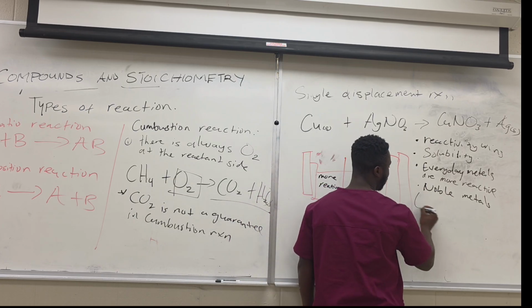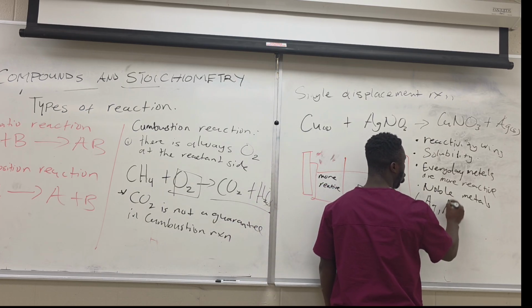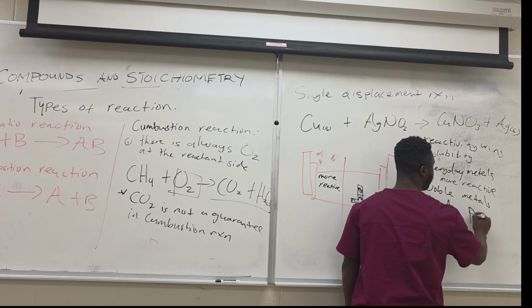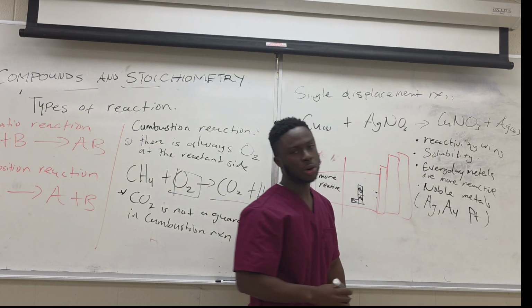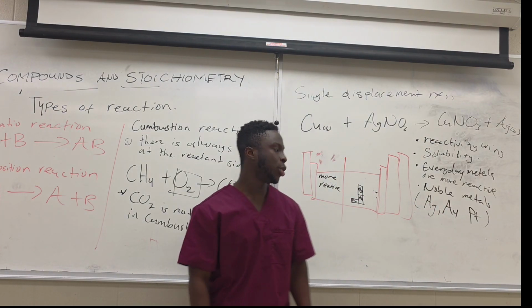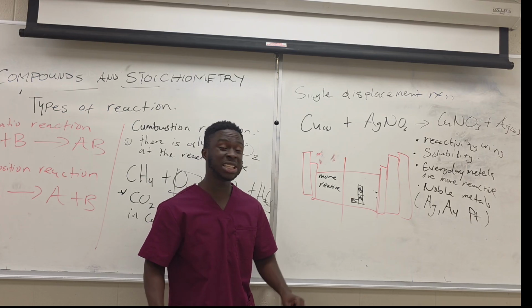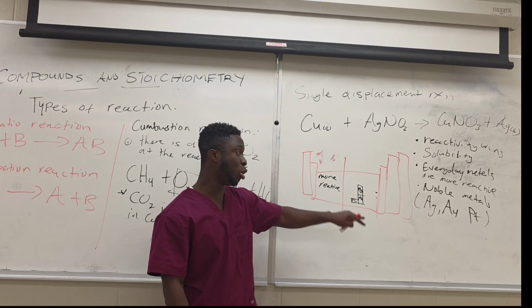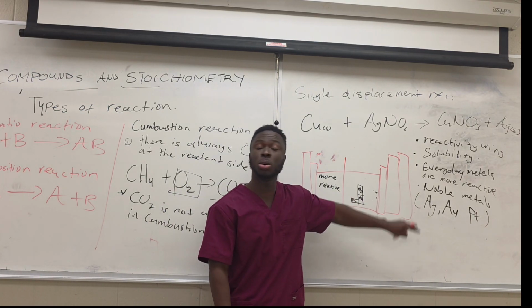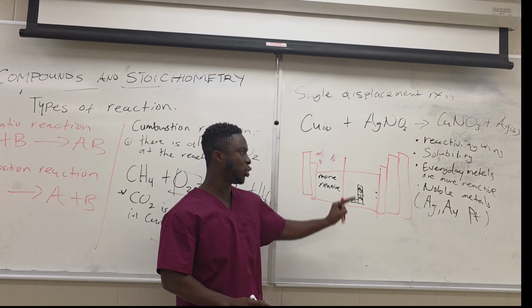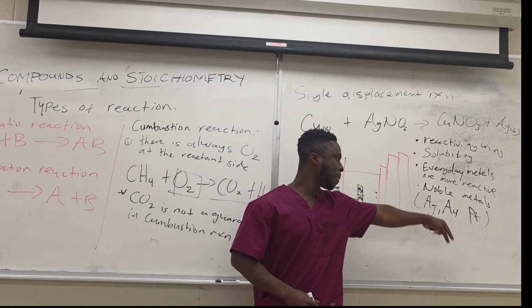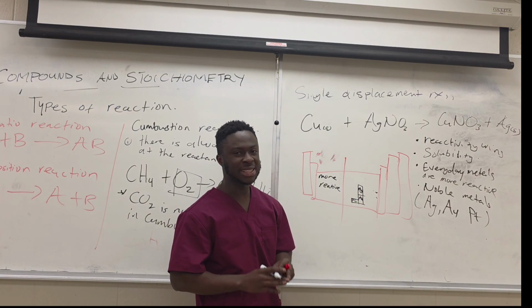So the noble metals, silver, gold, and platinum, are not reactive, or their reactivity is very low. That's why we call them noble metals, because they are trying to mimic the noble gases over here. So once you get these things, the noble metals' reactivity is down.